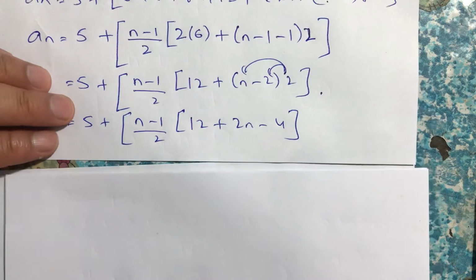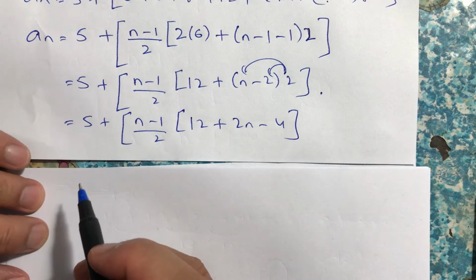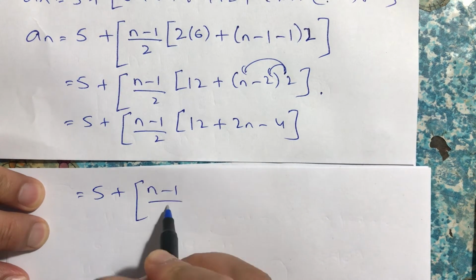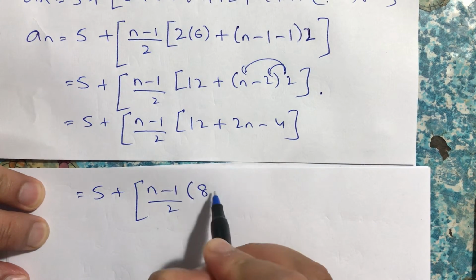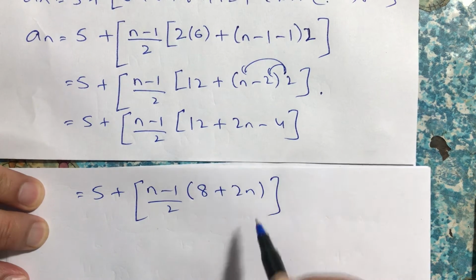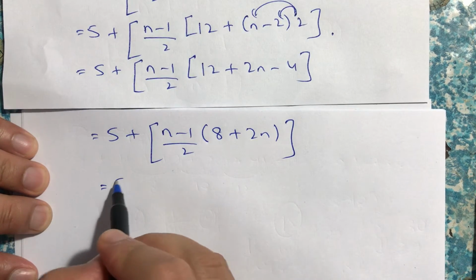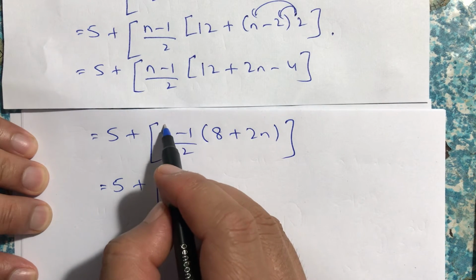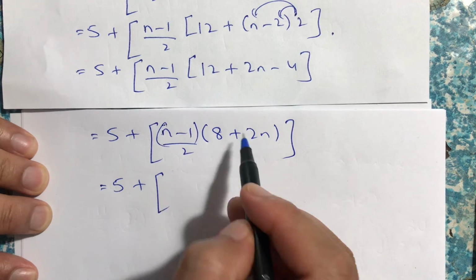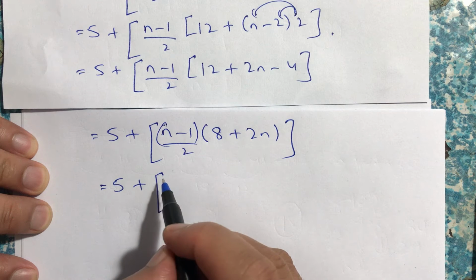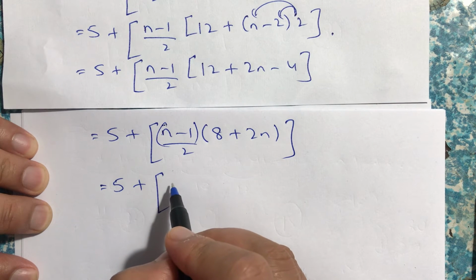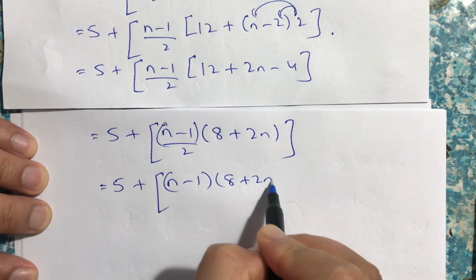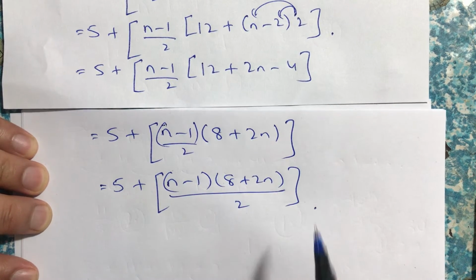Once we have got this, the next thing is we'll have 5 plus n minus 1 by 2, and what do we get over here? We get 8 plus 2n. Then 5 plus these two brackets will multiply, so n minus 1 will be multiplying both of them. When I multiply, we get n minus 1 into 8 plus 2n, the whole thing divided by 2.